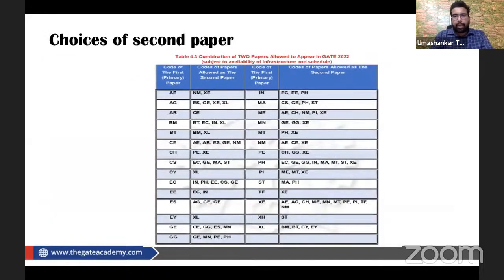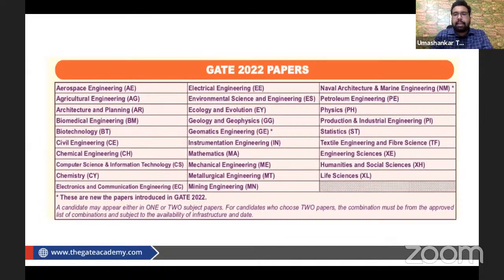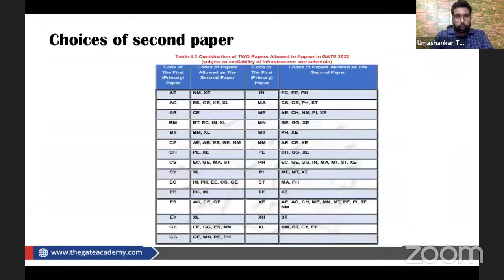PI stands for production engineering, and XE stands for engineering sciences. So if you are thinking of filling a second paper along with the mechanical engineering paper, you can opt for any one of them.